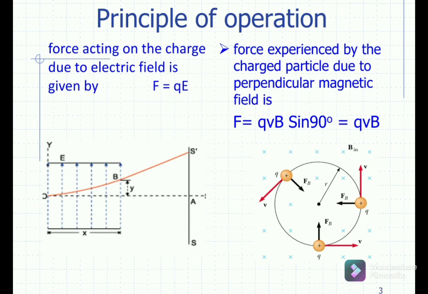So when this charged particle is moved under the effect of both these fields, it will experience a spiral path. It will move in circular paths of more and more radius, and its energy goes on increasing with the increasing radius of these circles. Okay, so this is the principle of operation of cyclotron.